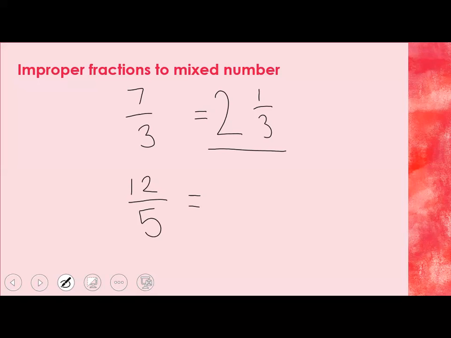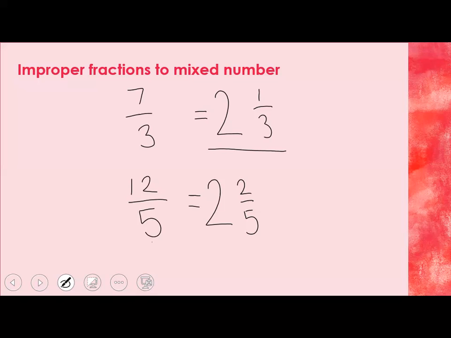Let's have a go at this bottom one. So how many times can I take 5 away from 12? Well, 1 times 5 is 5. 2 times 5 is 10. So 2 whole times I can take 5 out of 12, and it will leave me 2 fifths left over.